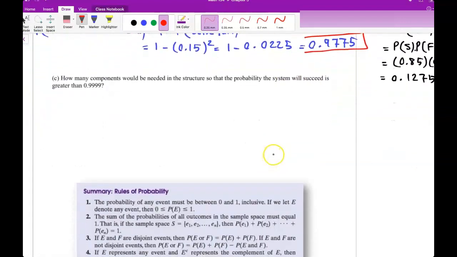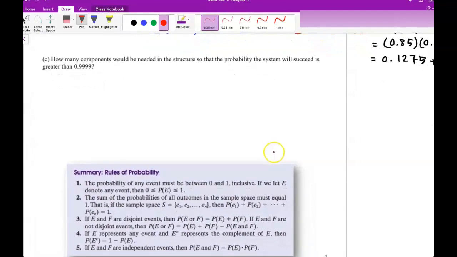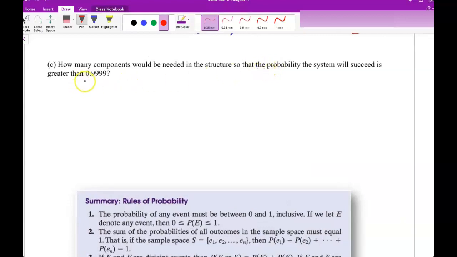Now part C: how many components would be needed in the structure so that the probability that the system will succeed is greater than 0.9999. So on this part we should guess and check how many components we should have.